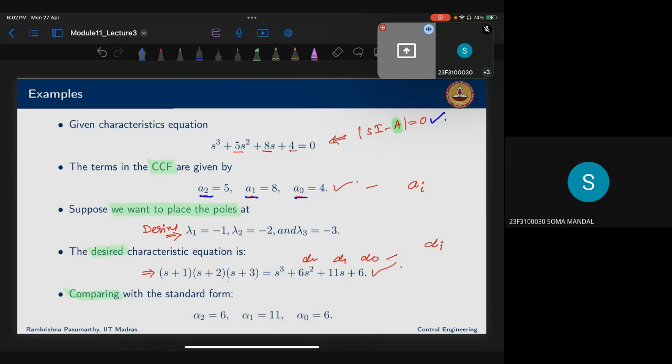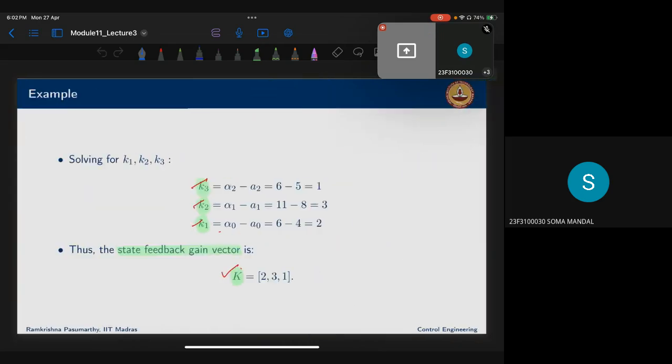Now if you wanted to place the poles at -1, -2, -3, multiplying each one gives you this differential equation. You have this alpha naught, alpha 1, alpha 2, so these three values. Now you can compare and find the K1, K2, K3 exactly from the equation.